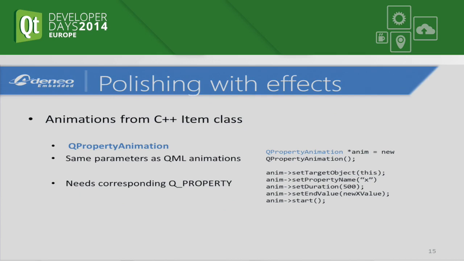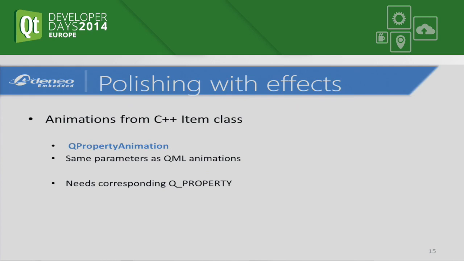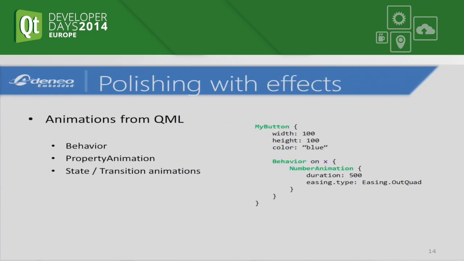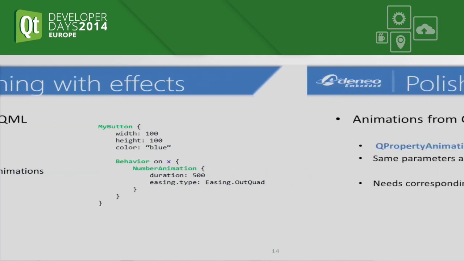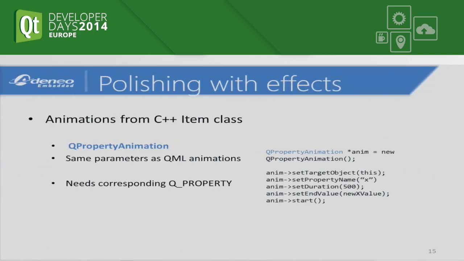We set the duration, we set the end value, and we have start. And as for QML, you have also the easing curve, the easing type, sorry. It's visible here. The easing type that you can set up in C++ with setEasingType and passing the type as in QML.